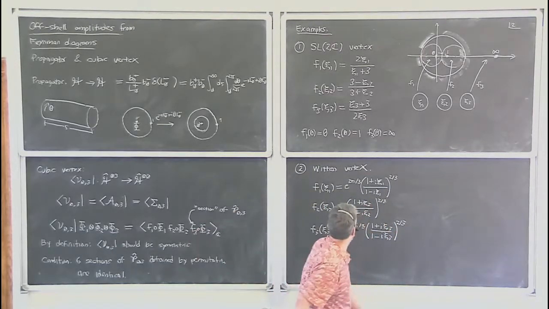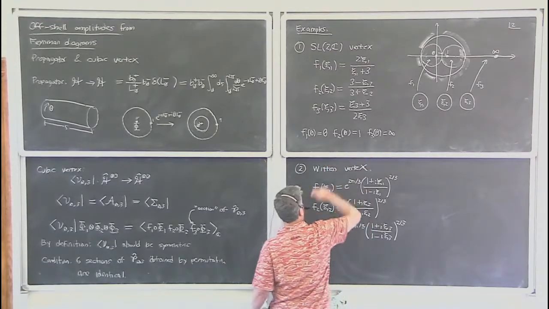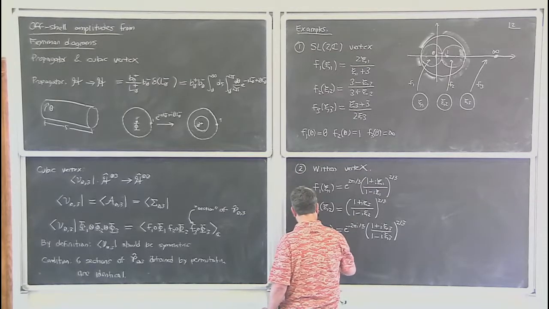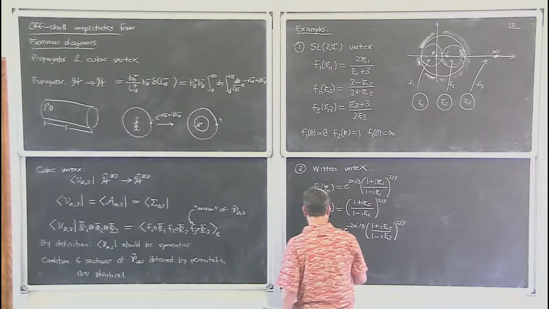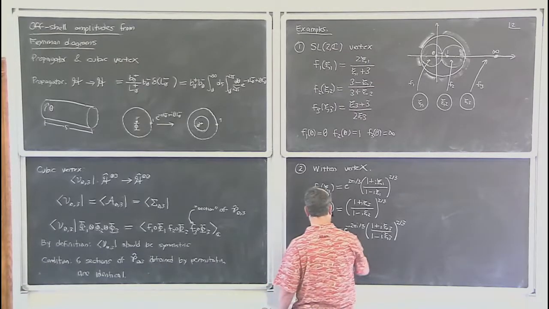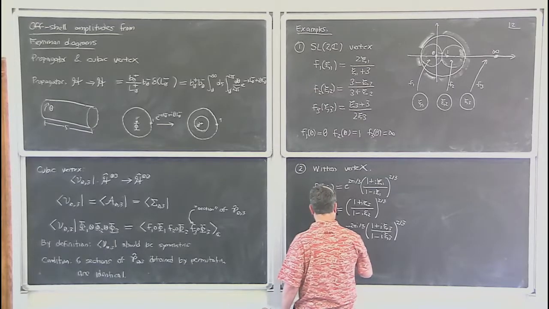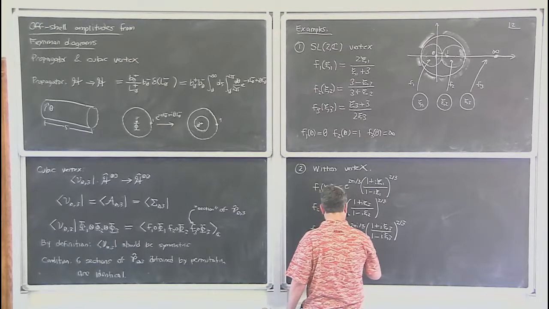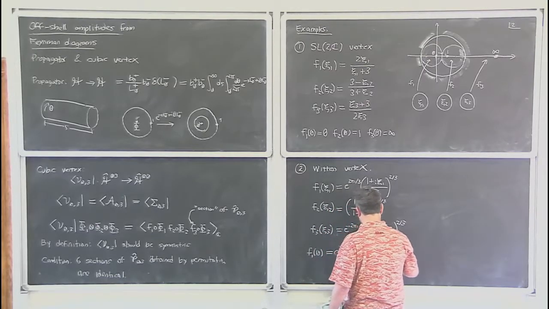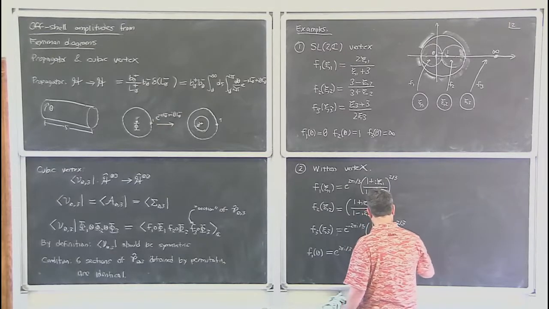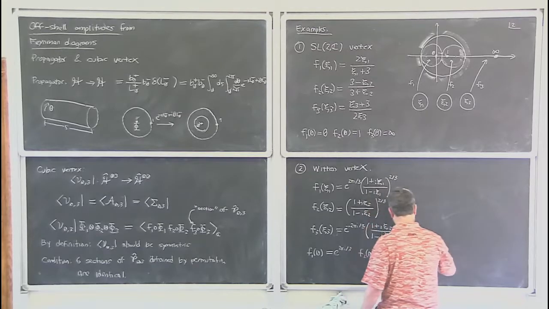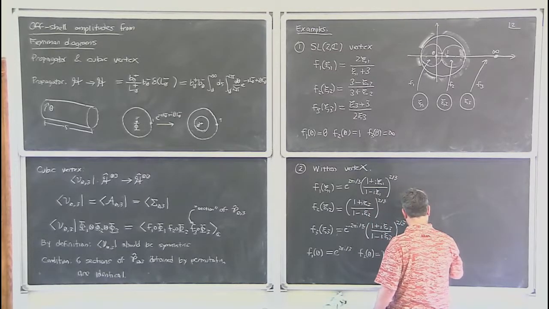So these guys, instead of mapping to 0, 1, and infinity, we have F1 of 0 maps to this triplet of points: e to the 2 pi i over 3, F2 of 0 equals 1, F3 of 0 equals e to the minus 2 pi i over 3.